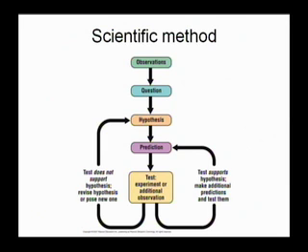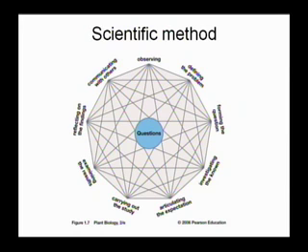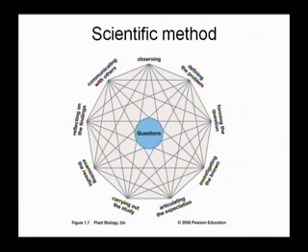It actually looks a little more like this, where you have a central core of questions, and in order to get at those questions and answer them, there are several things that scientists do, and under certain situations they'll do one first or the other first. So it's more like an interconnected ball of things happening around these questions to get at the answers. But if you look here, most of those steps are still in here.